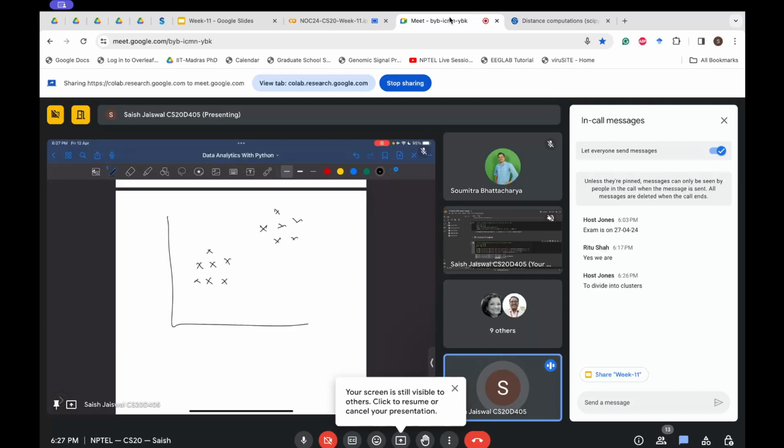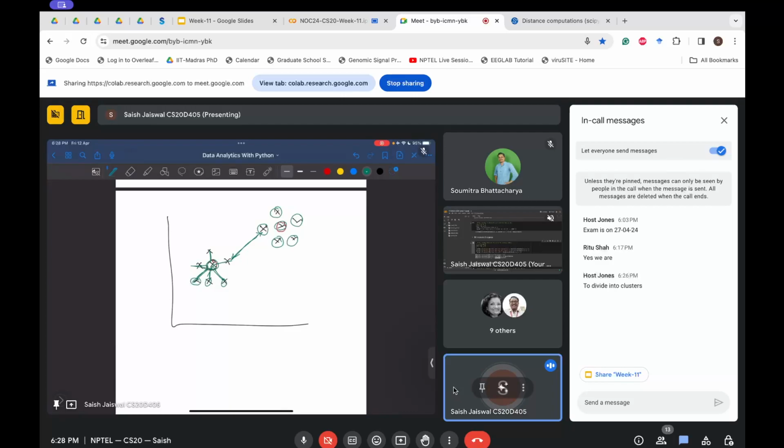Now let's say this is the mean of these data points, and you can see that the distances of these particular data points with respect to the mean are smaller compared to the distances with respect to the data points in the other cluster. This is the motivation behind computing distances. So using these distances, the distance between every single point, you can try to find out which points are getting clustered together.